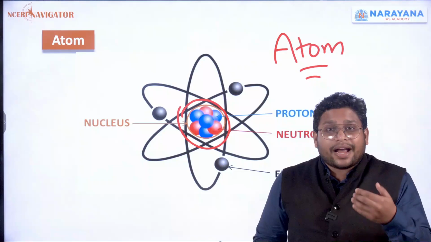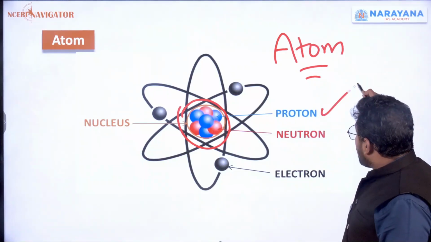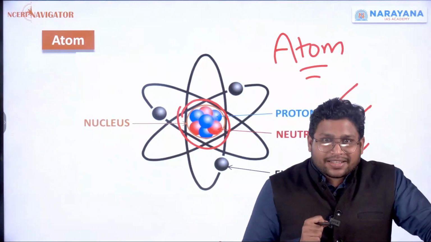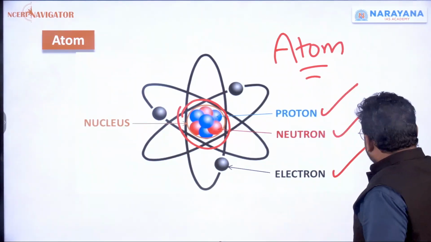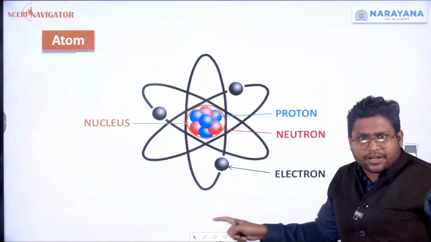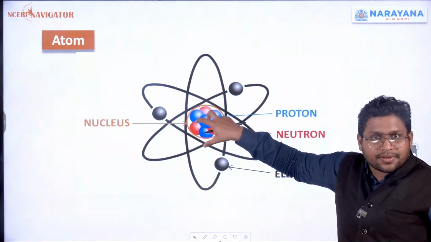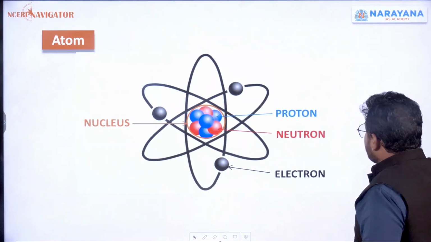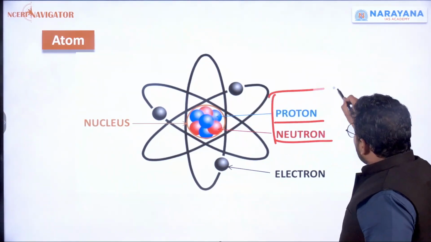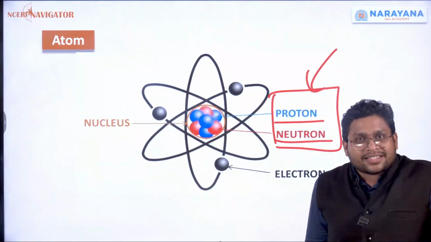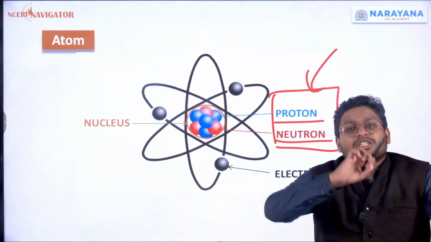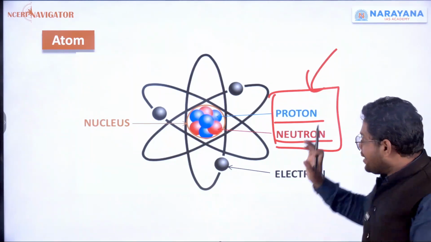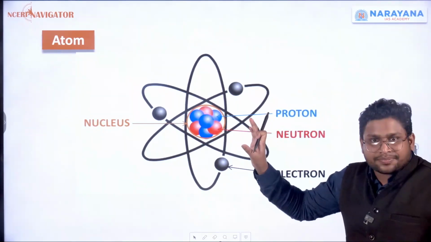Which are these subatomic particles? Well, proton, neutron and electron. I said electron is orbiting around this nucleus. But what is there in the nucleus? In this nucleus, there are two different subatomic particles. One is called proton, another one is called neutron. I hope at least this basic part is clear.